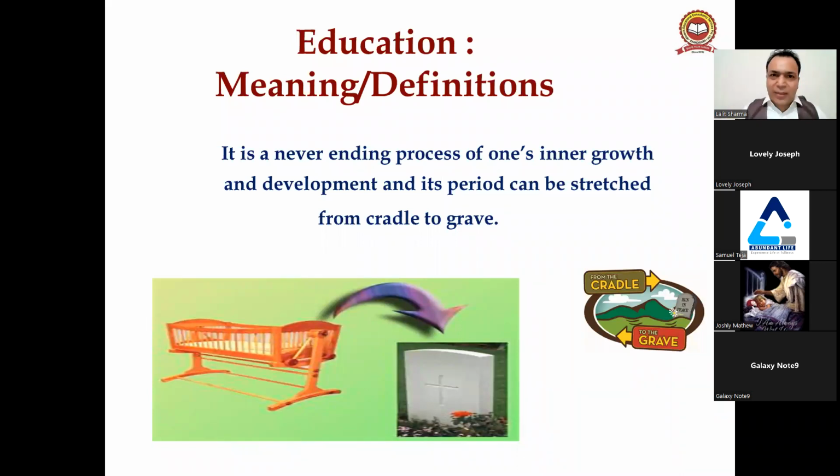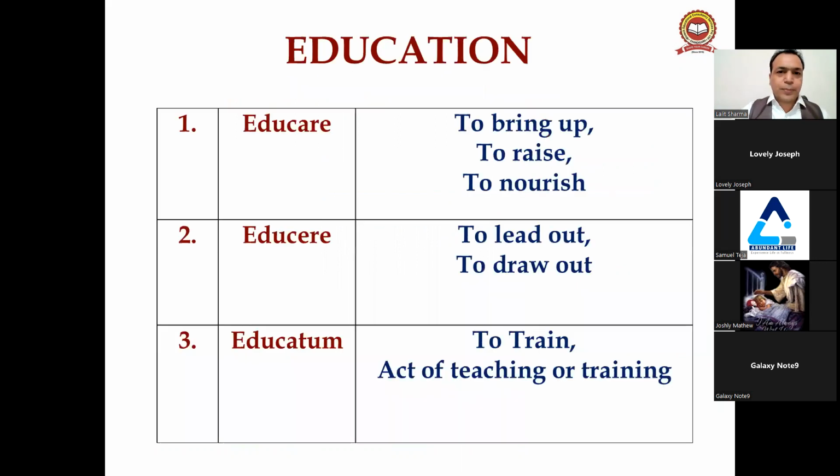There are a lot of other methods. If you say a person gets educated only in school, then please tell me, 150 years before, there was no school in India, right? But at that time, people were educated. So education goes from cradle to grave, as you see in the picture. It starts from birth and goes till death.